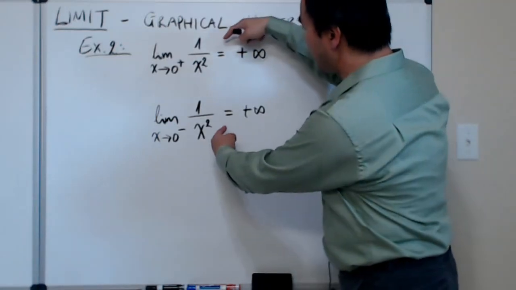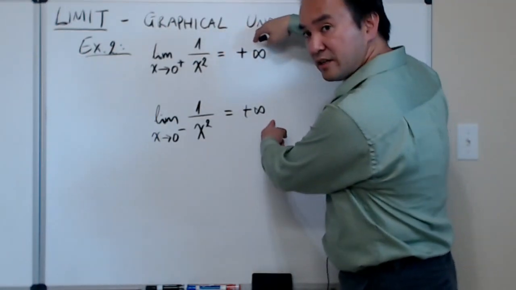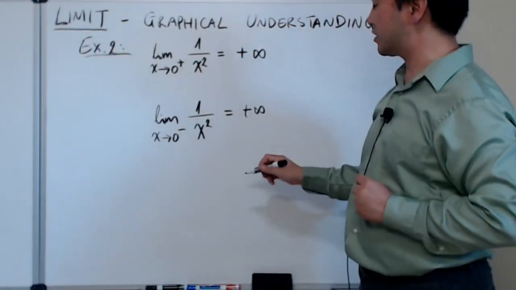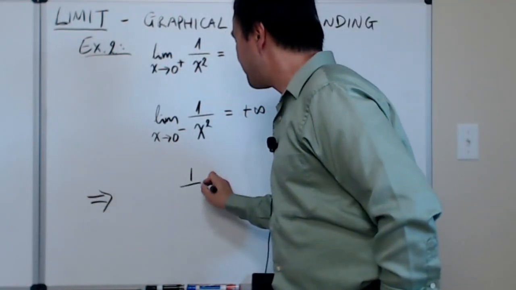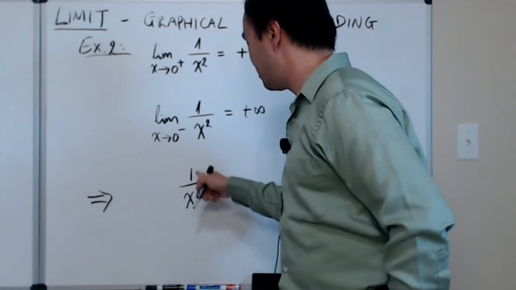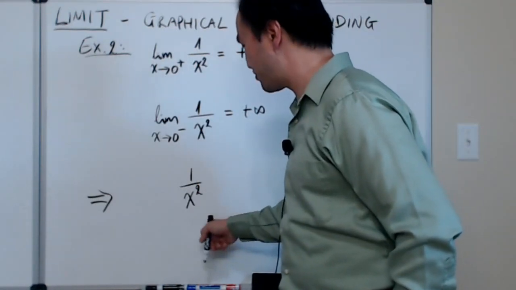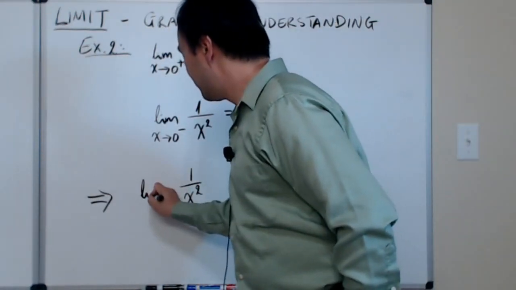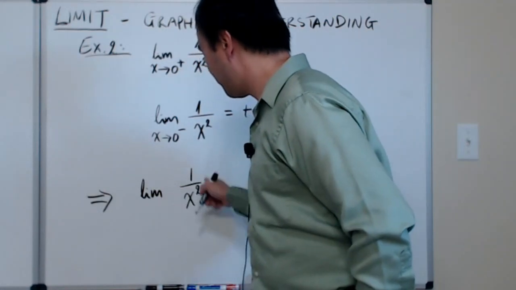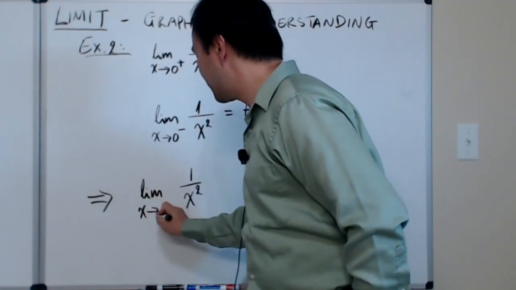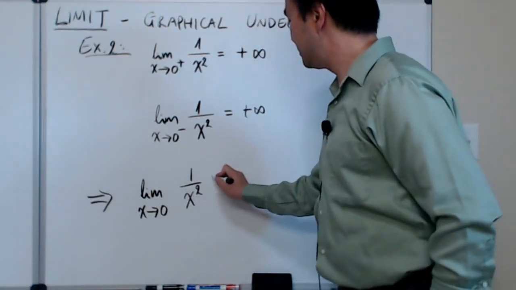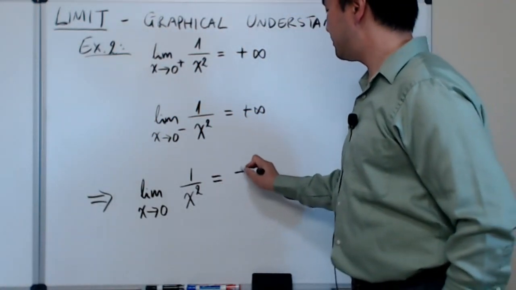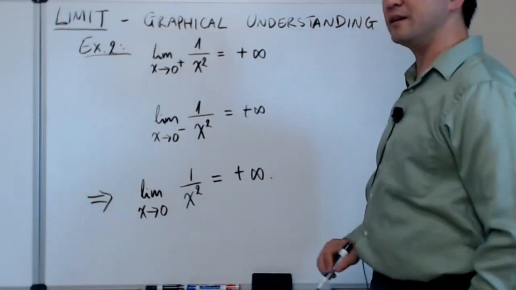And since both side limits here headed to the same direction, we can make that final conclusion that, in the end, 1 over x squared as our main function, taking the limits of this function by letting x get closer to 0, but generally from both sides, this gives us the limit positive infinity as well.